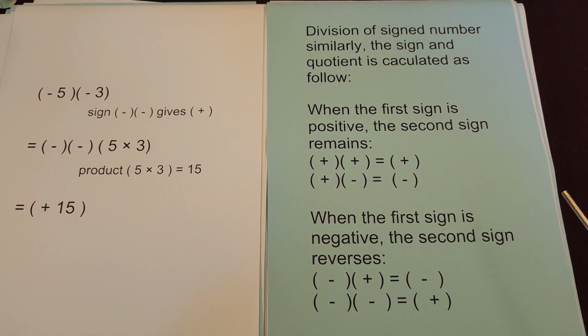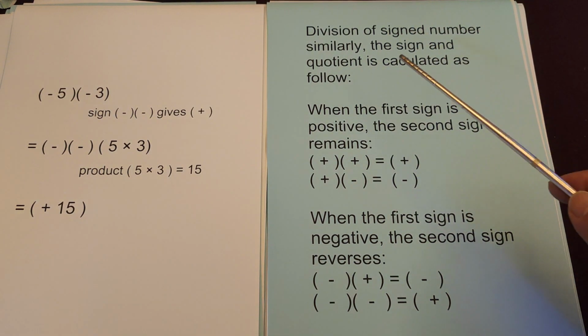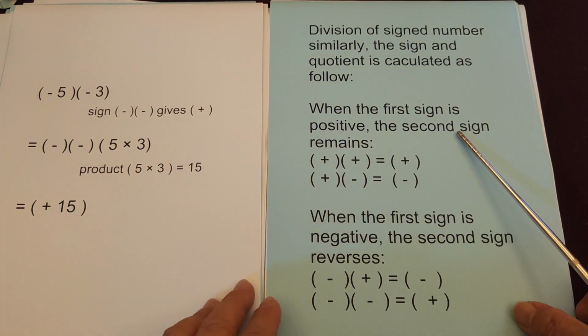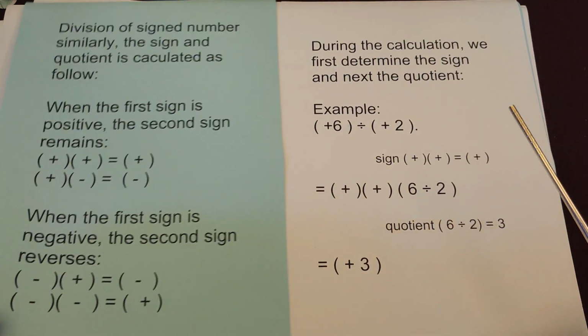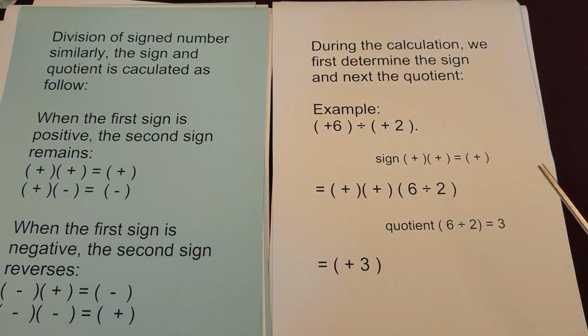Okay. How about division? Division is similar. Division of signed numbers is here. Similarly, the sign of the quotient is calculated as below. The rule is just like that of multiplication. When the first sign is positive, the second sign remains.